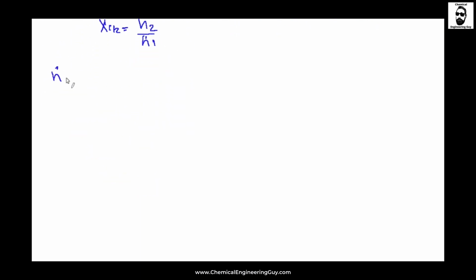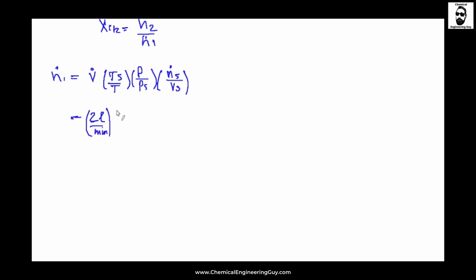N1, which will be essentially using ideal gas and standard conditions. Please, if you don't know what I'm doing, you should be reviewing the classes on ideal gases, especially the standard definition. So we have this, the volumetric flow is 2 liters per minute. TS, I don't know. Actually I know, it's 273.